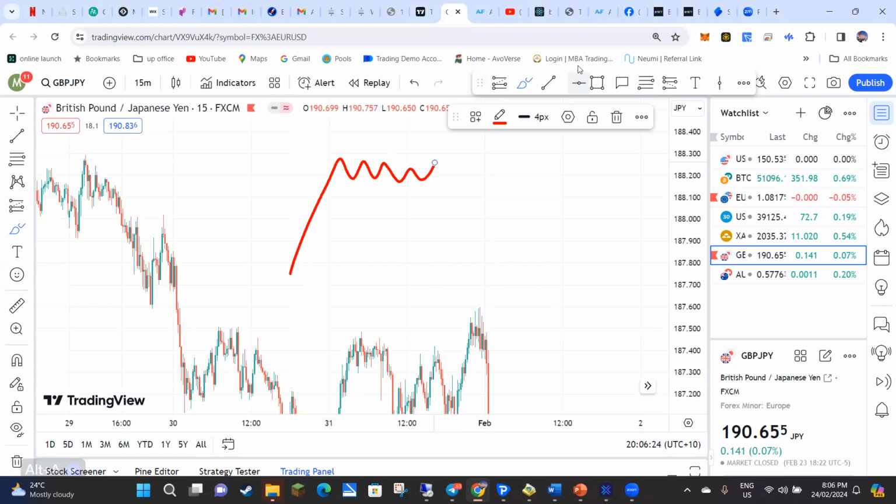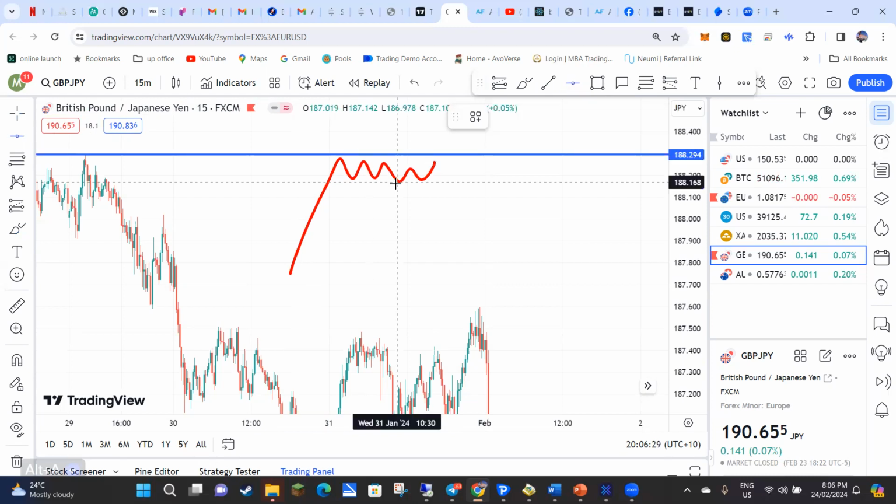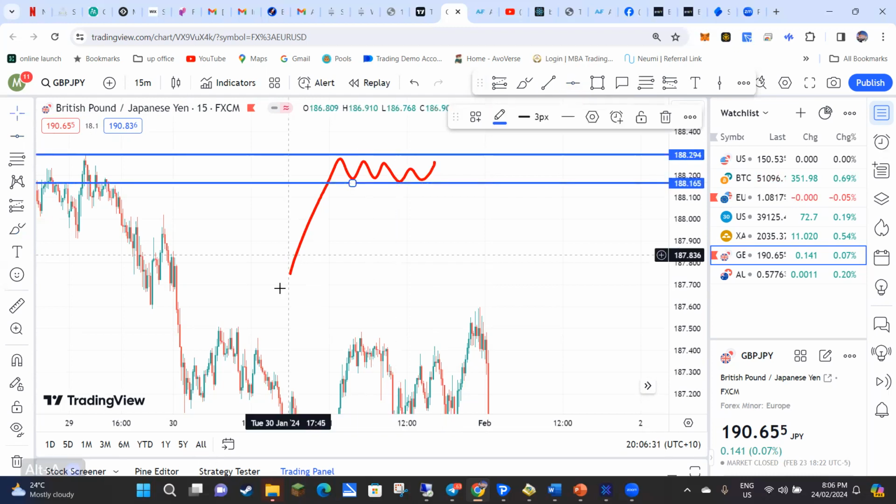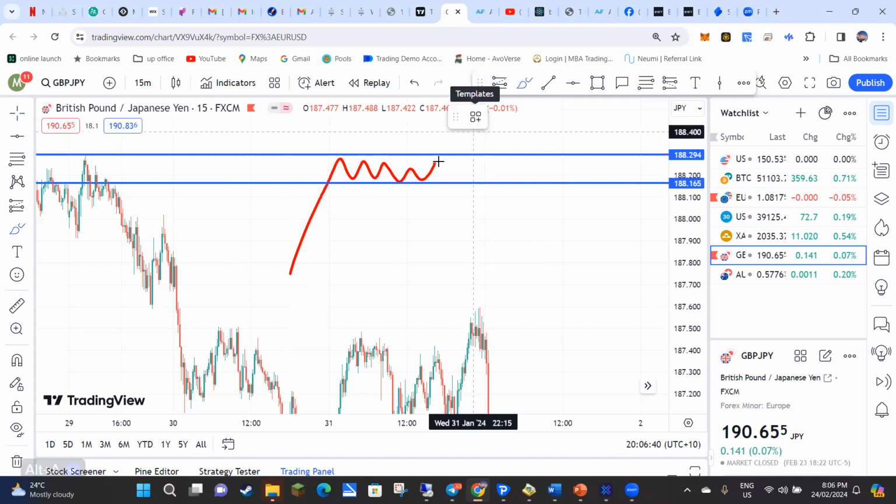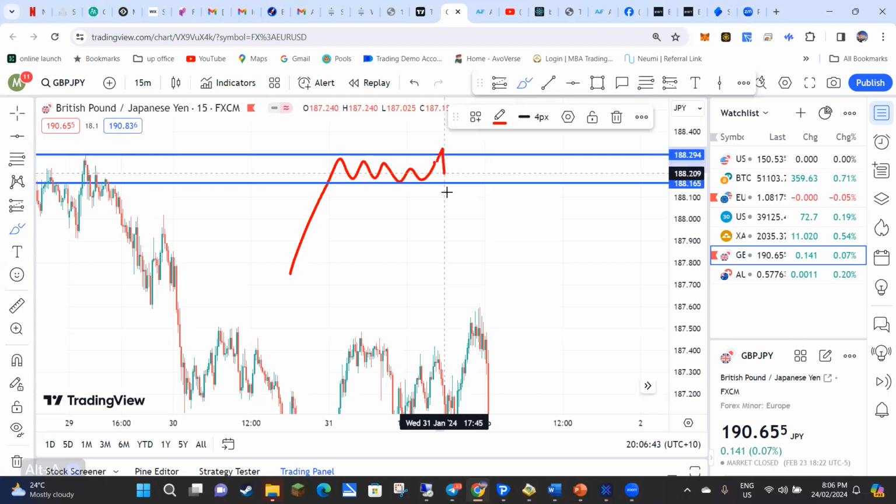So if that happens, it doesn't even matter what it's called, you just let it range until it breaks. It may break up and you do a buy order, or if it breaks below, you do a sell order.